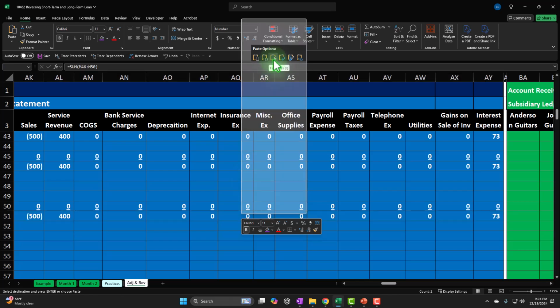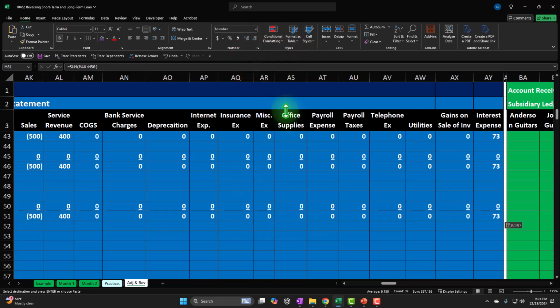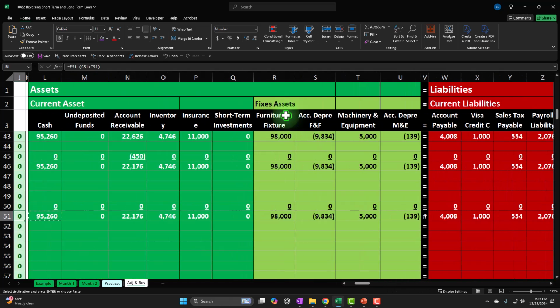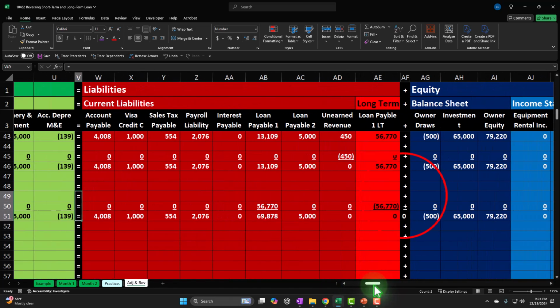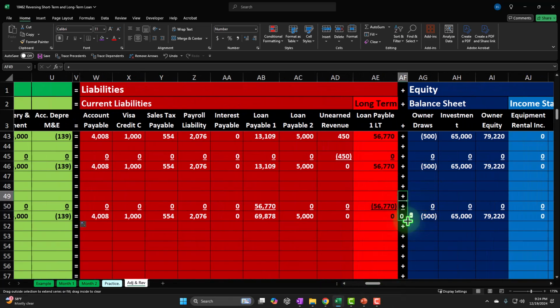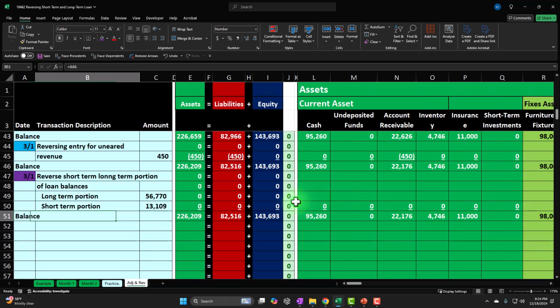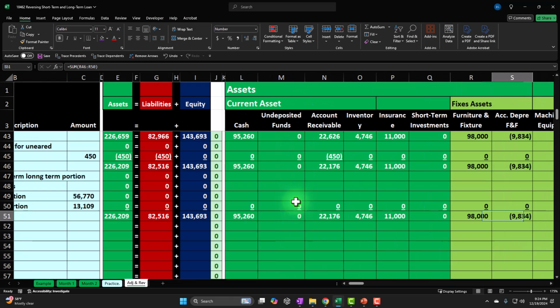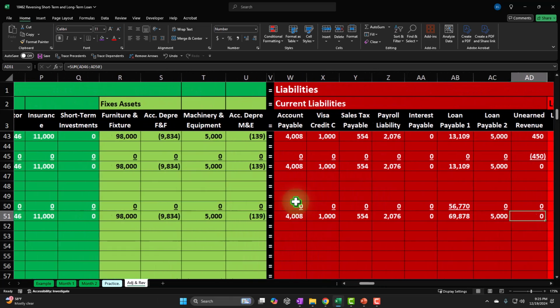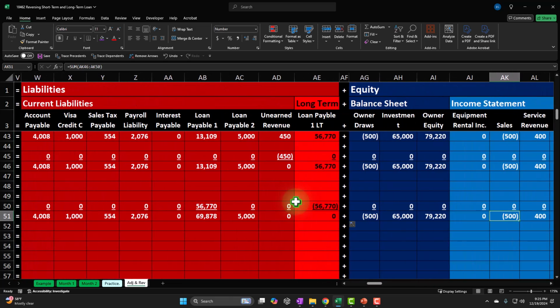Anyways, I'm going to paste it formulas only. And let's bring down the balance, bring down the signs. Okay. So now we're still in balance over here. Boom. In balance. All right. So now we're back to this one loan that has the 69,878 in it.